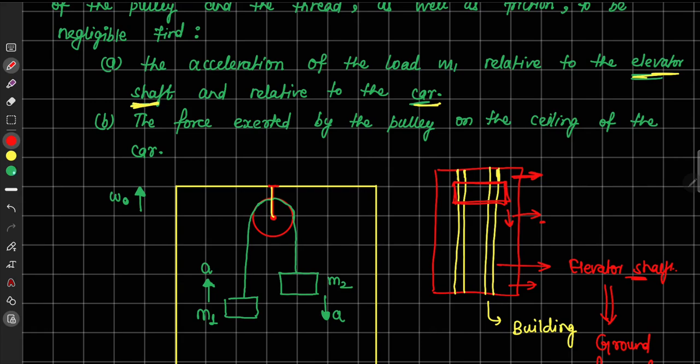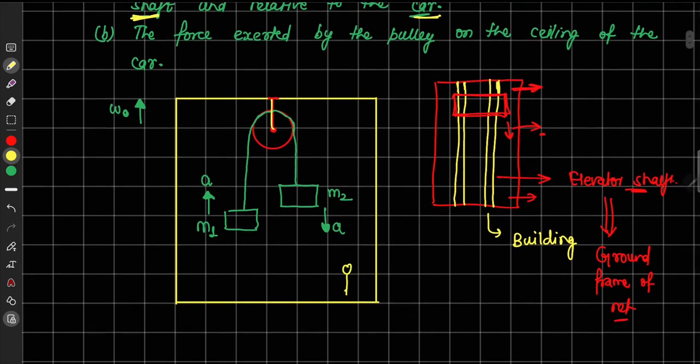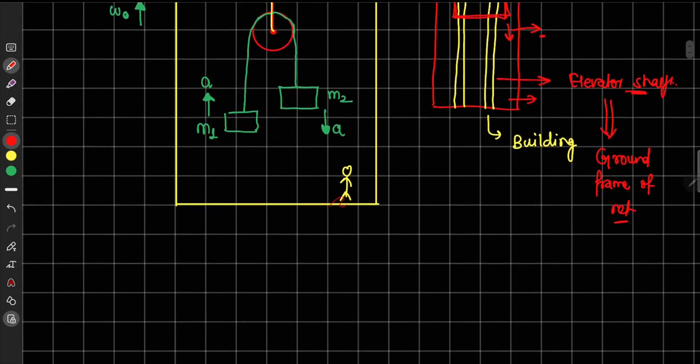So let us first talk about the acceleration of load m1 with respect to the elevator car. Let us say we are having an observer sitting inside this elevator. If it is sitting inside the elevator, that means this particular observer is the non-inertial frame of reference.